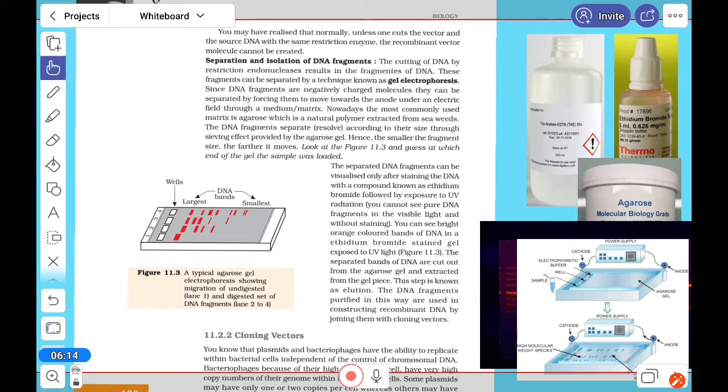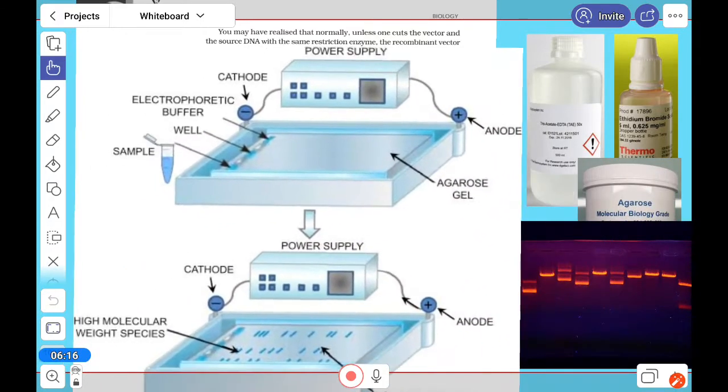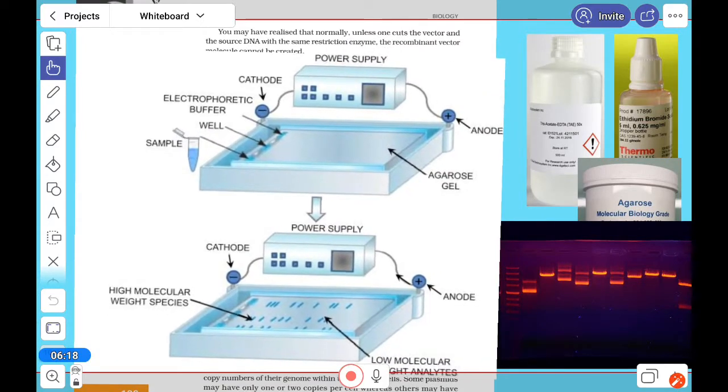So here is the simple structure of the gel electrophoresis. Look here. This is an agarose gel.